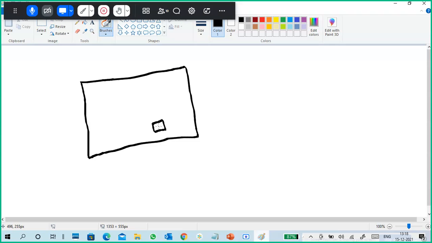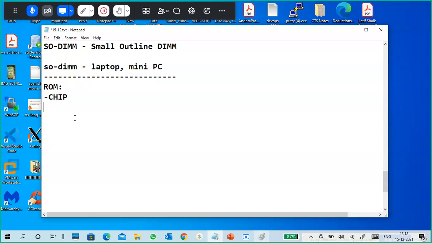What is the purpose of this ROM chip, and what does it contain? That is what we will discuss first. It is a chip on the motherboard.